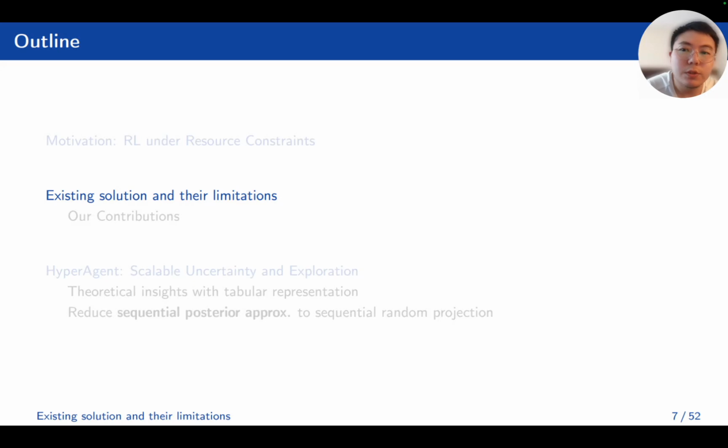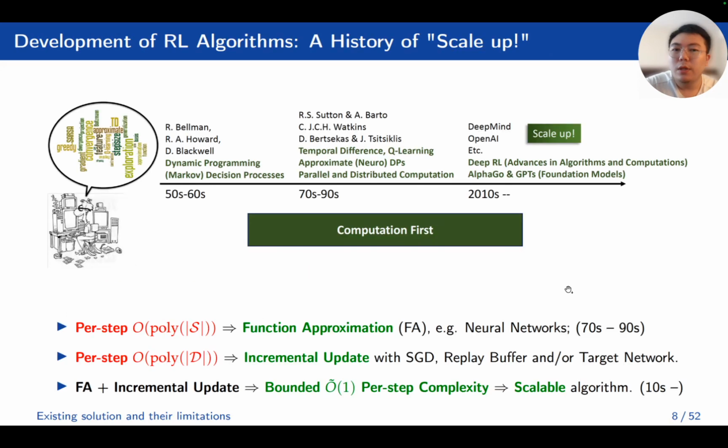Okay, existing solutions and their limitations. The history of developing reinforcement learning algorithms is about scaling up. For example, using deep neural networks or large foundation models as approximation handles the dependence on the state space.